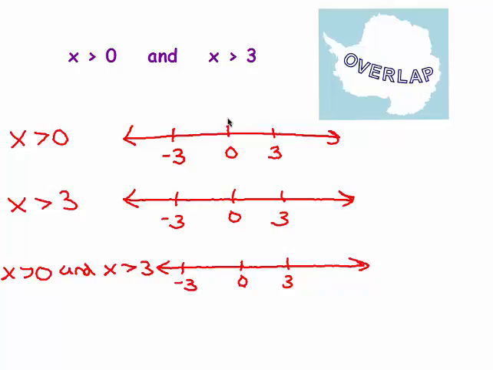Open circle on 0, shaded to the right. Open circle on 3, shaded to the right.